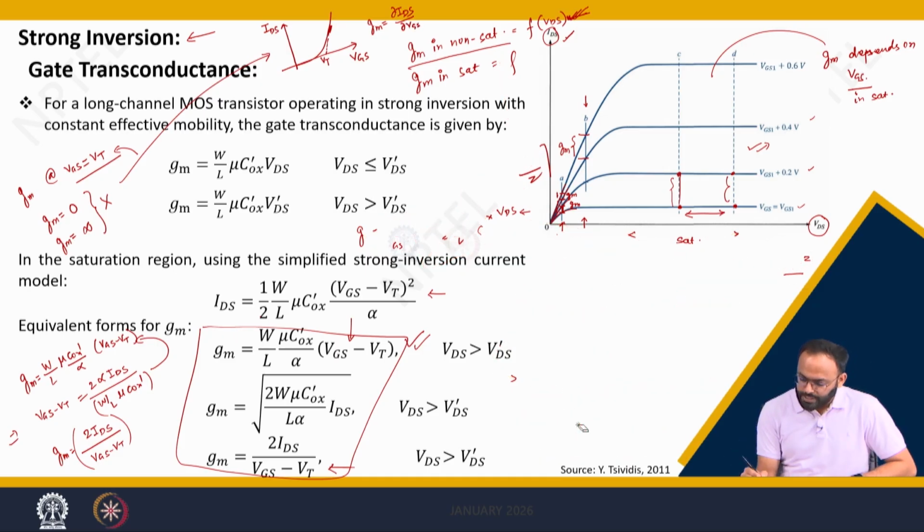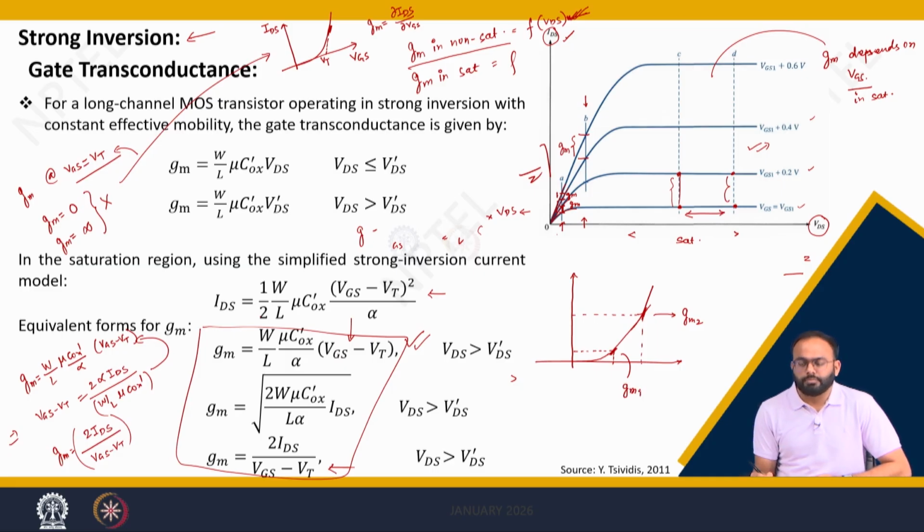For the sake of simplicity, let us consider GM at two different positions of this slope. One I am measuring here and one I am measuring here. Let us consider this GM is GM2 and this GM is GM1.